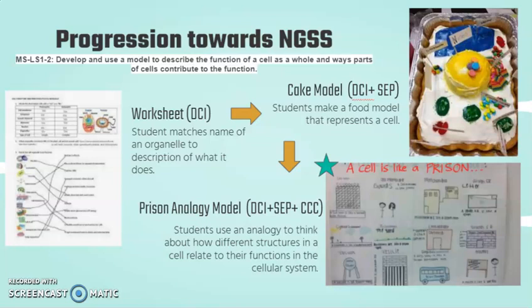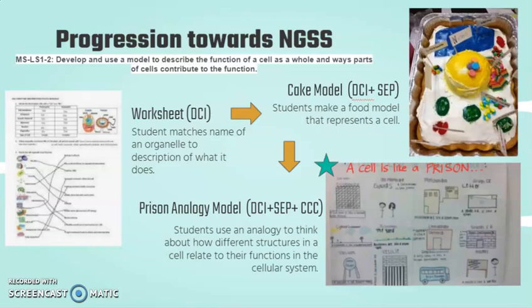As we add the science and engineering practice, we notice that the student needs to develop and use a model. So the classic cake model where everyone brings cake or food so that they have a representation of a cell in the form of food will get you partway there.